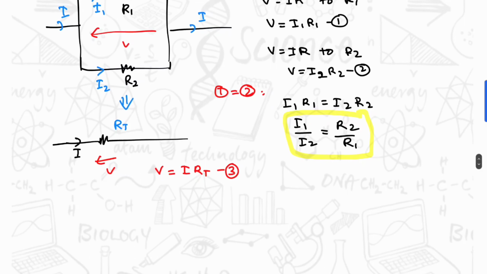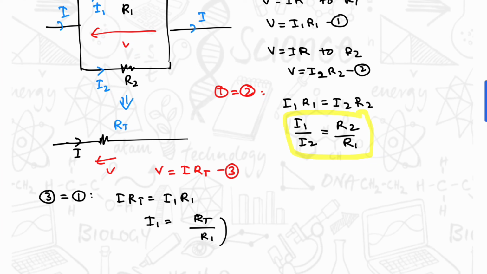And then if we divide 3 by 1, we get I RT is equal to I1 R1. So in order to find I1, we have RT divided by R1 times I.